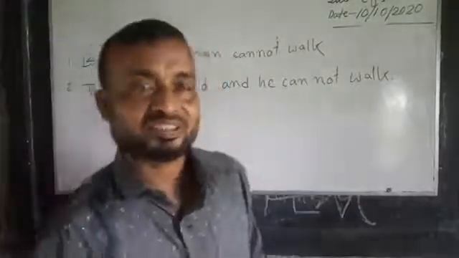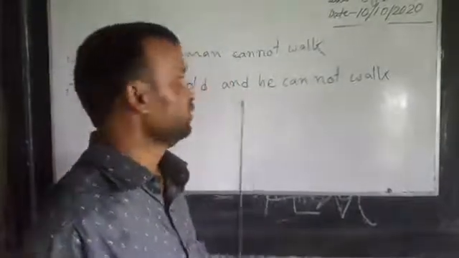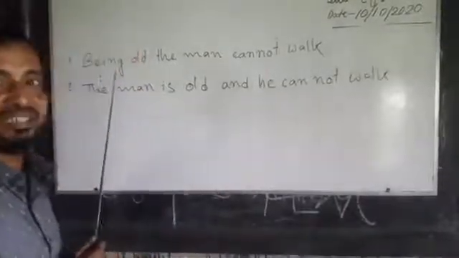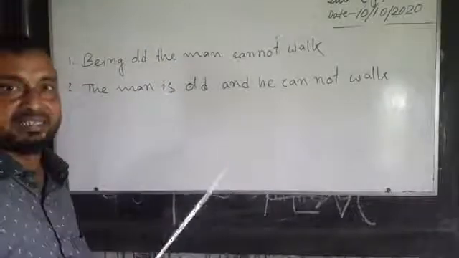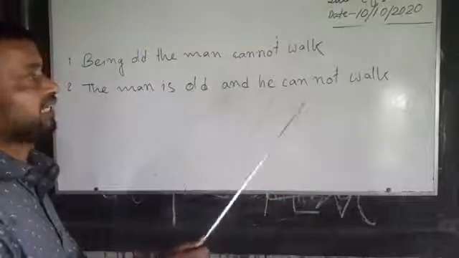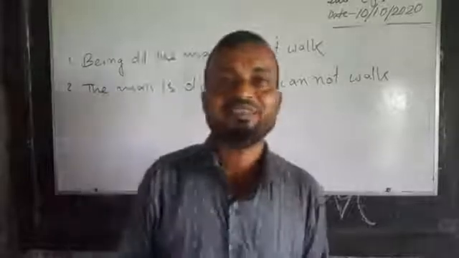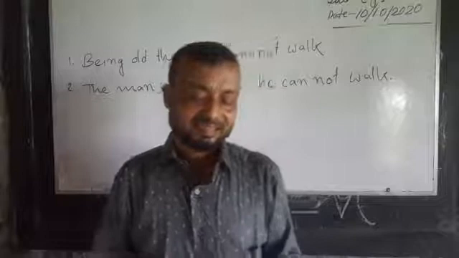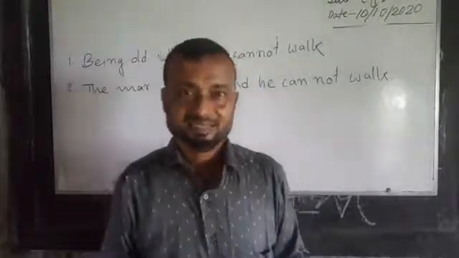My dear students, you have already seen the sentences on the whiteboard: "Being old, the man cannot walk," and another, "The man is old and he cannot walk." Can you identify the form of the sentences? I think most of you have identified them.